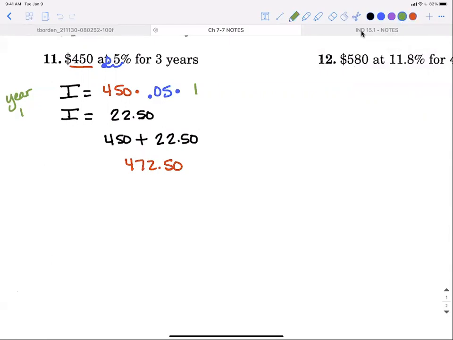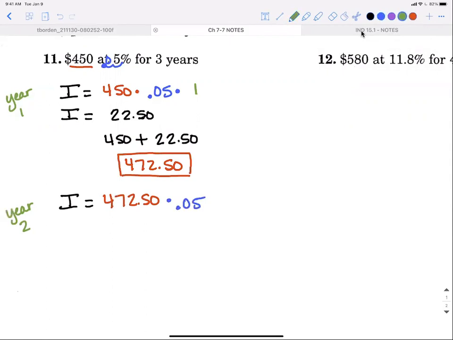Now we're going to go to year two, and we're going to do our interest equals. Now for our principal amount, notice what we're going to use. We're going to use our new amount at the end of year one as our year two principal. So we start out with $472.50 times, the rest of it stays the same, 0.05 times 1.